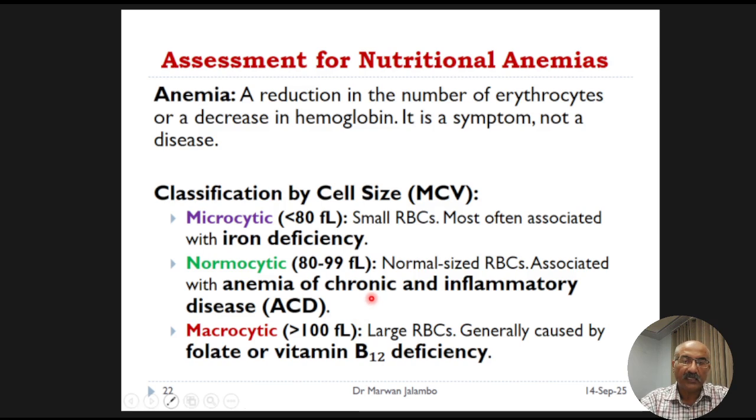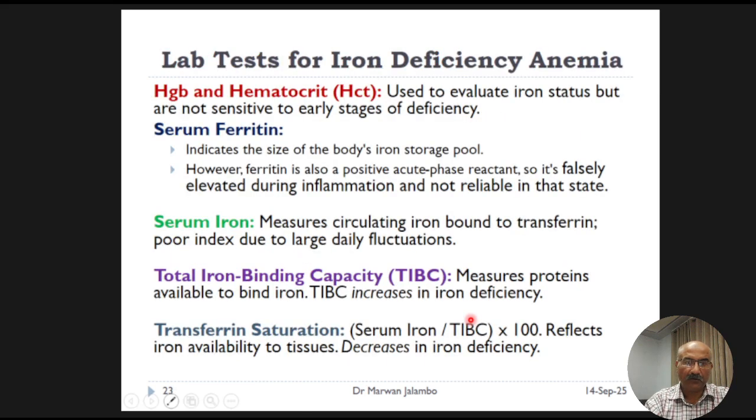So let's first look at the specific lab tests we use for iron deficiency.